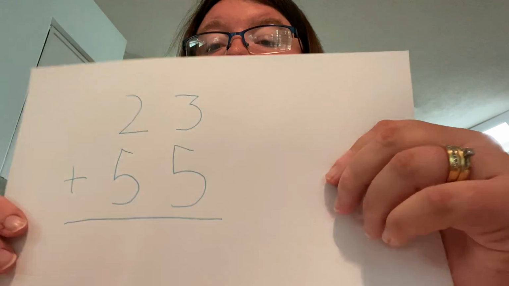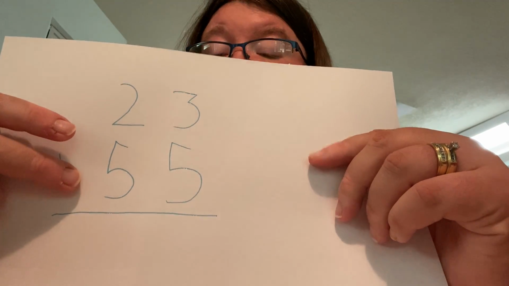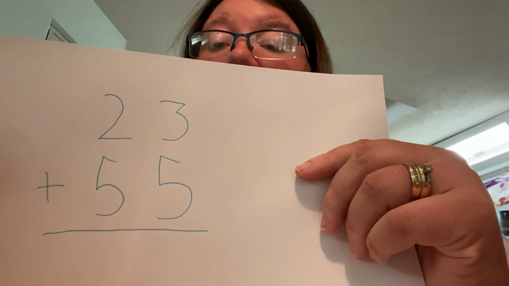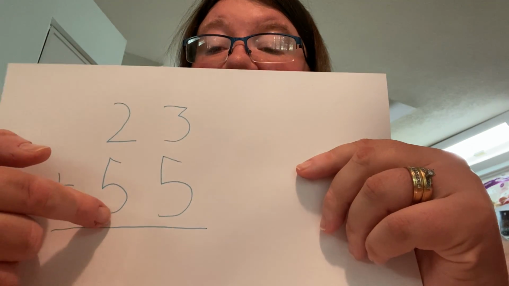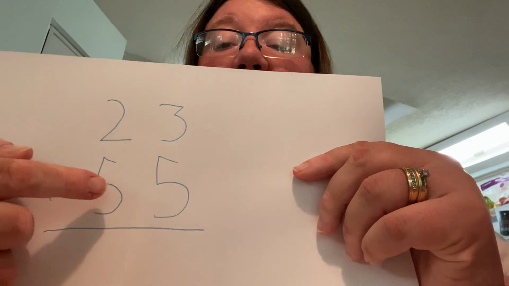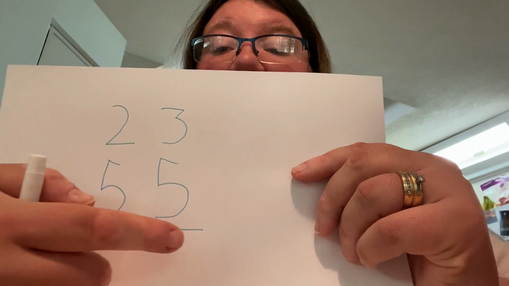Now, let's look at another problem. Here we have 23 plus 55. We have two 5s here. But remember, this 5 is in the tens column and this one is in the ones column. So this means we're going to go down 5 and over 5.